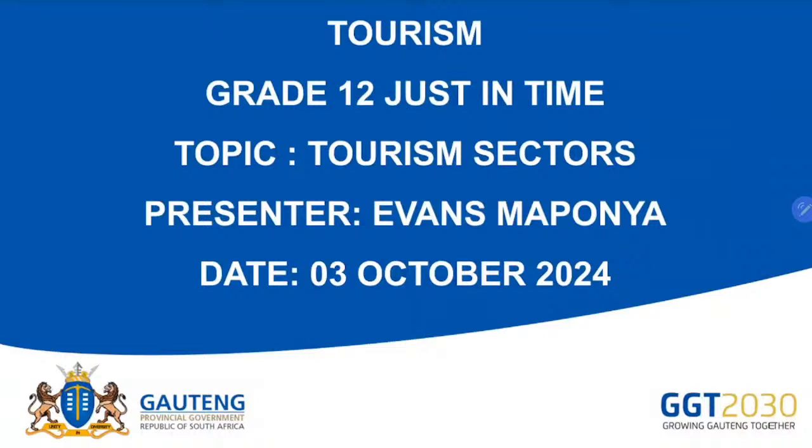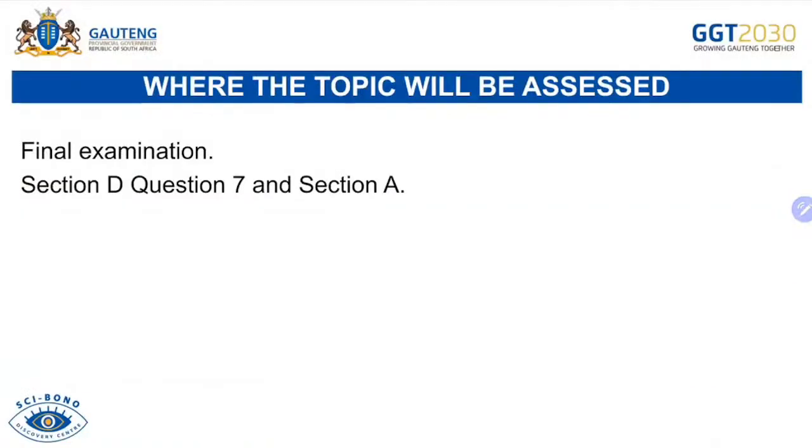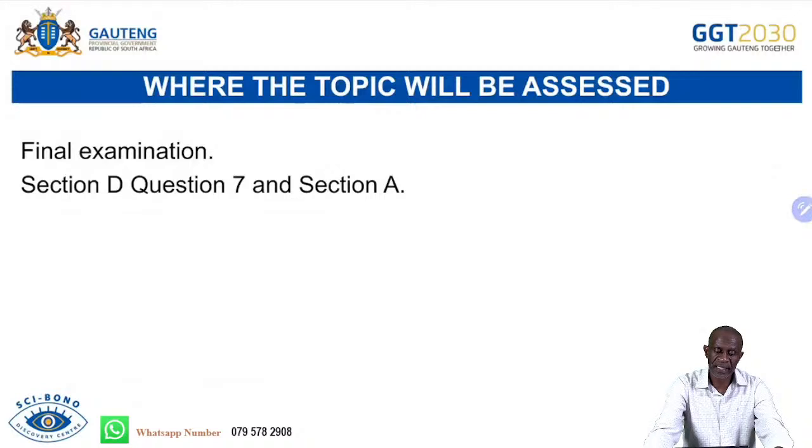The topic for today is on tourism sectors. The topic will be assessed only in the final examination, meaning you have never come across questions based on this topic, that is tourism sectors, during your TSA, during the control test that you wrote, during the mid-year examination, during the data handling, and in the prelim exam.